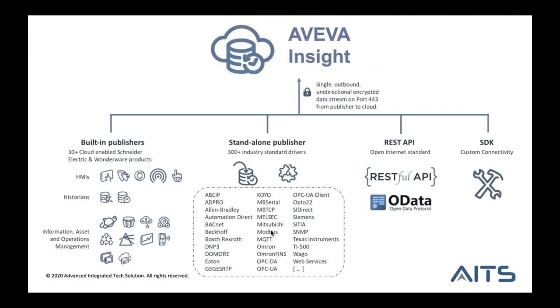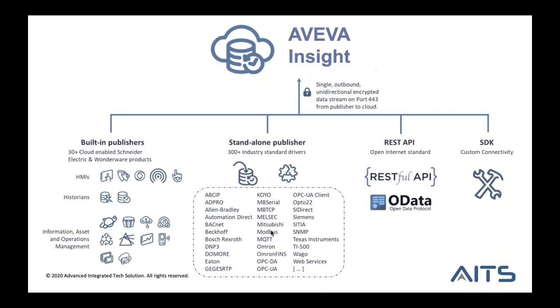Getting the data inside the AVEVA Insight, starting with an existing local operation that currently exists at the plant or at the site. Speaking of any type of HMI software, maybe a real-time information management historian solution, could be an MSQL database, so any type of application that is currently running.